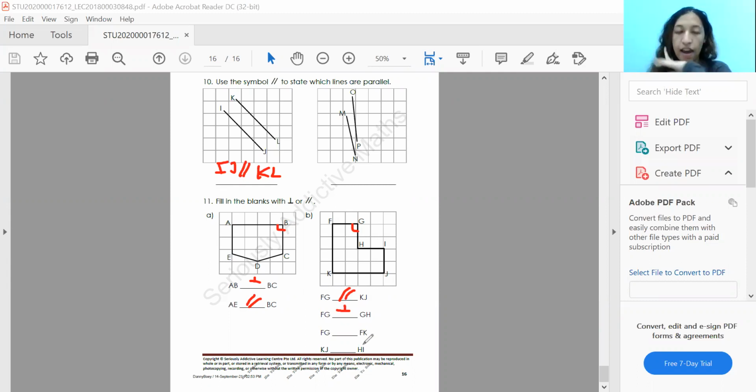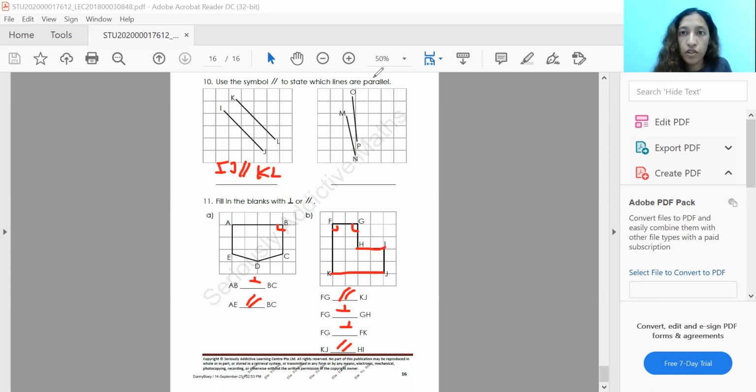And then FG and FQ. FG over here, FQ over here. They meet, they form a right angle, so they are perpendicular. Okay, and then what about KJ and HI? Two straight lines that do not meet and are the same distance apart, so they are parallel.